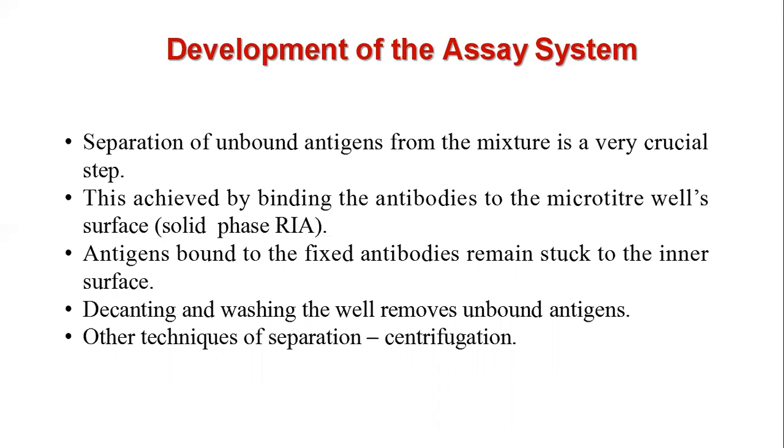Then antigens bound to the fixed antibodies remain stuck to the inner surface. You have to decant it and wash the microtiter wells multiple times to remove the unbound antigen. You can have other techniques like separation using centrifugation, but mostly people do this reaction in a microtiter plate. So simple decanting and washing multiple times can remove the unbound antigen.